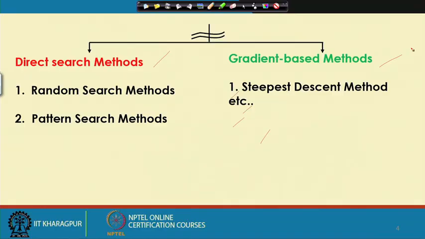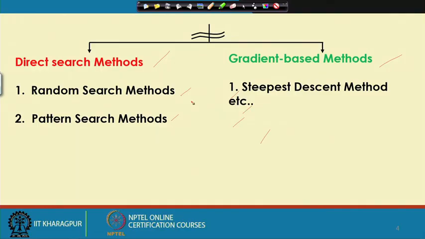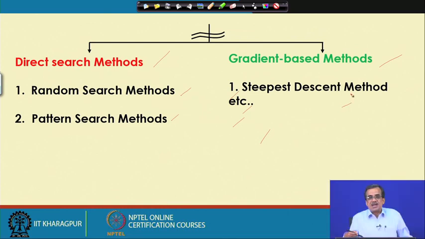We have got a few direct search methods, for example, random search method, pattern search method, and so on. Similarly, we have got a few gradient based methods like steepest descent method and others. Out of all the traditional tools for optimization, this steepest descent method is found to be the most popular one.